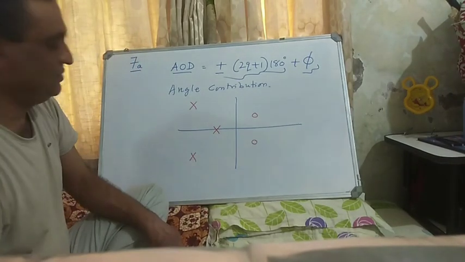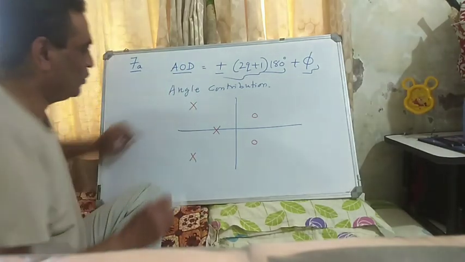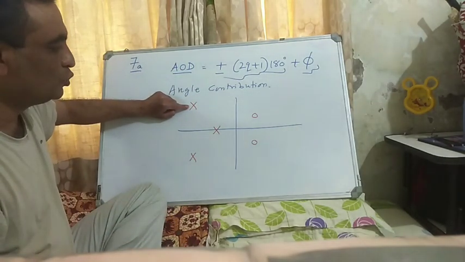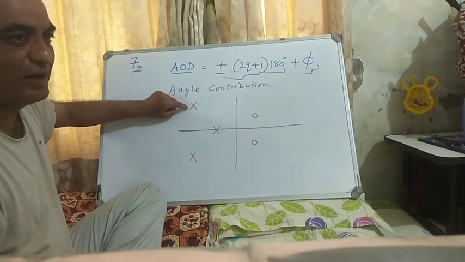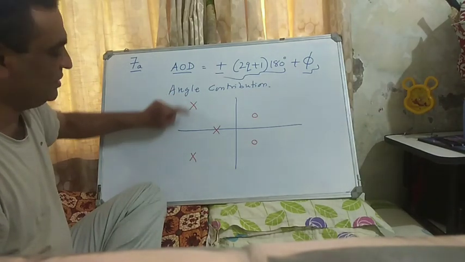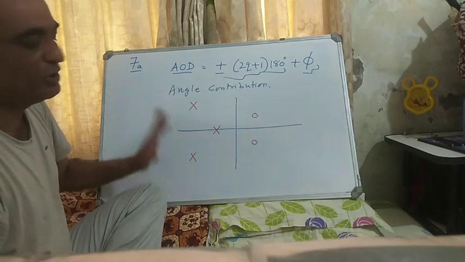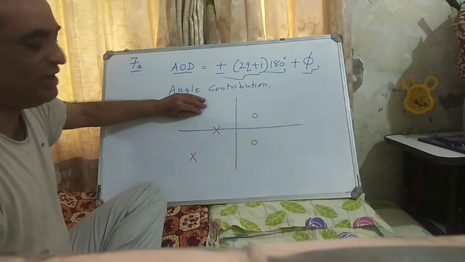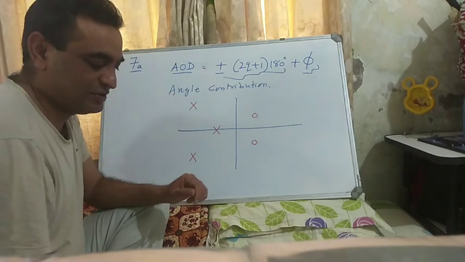This is the situation. Now I want to find the angle of departure for these complex poles. If I am able to find the angle of departure for this complex pole, automatically the negative of that would be the angle of departure for this complex pole. So I don't need to calculate twice. If this is plus 70 degree angle of departure, this would be minus 70 degree angle of departure.